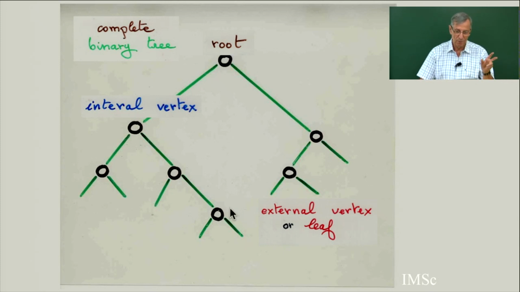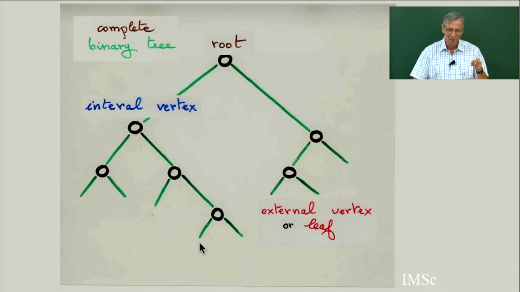And if you remember what you have to prove in the exercise, 2 times (2n plus 1) times Catalan. So you have to start with a complete binary tree, counted by a Catalan number. 2n plus 1 means you are pointing to one of the vertices, internal or external. And 2 means you are going to do something to increase the binary tree in 2 different ways. What you get at the end is another complete binary tree with one more internal vertex.